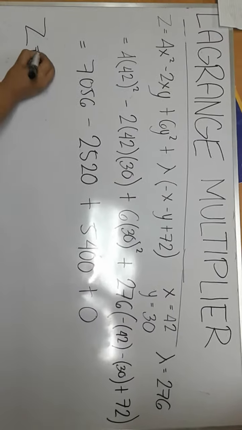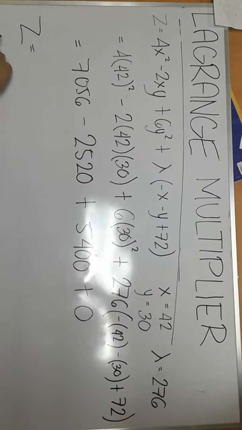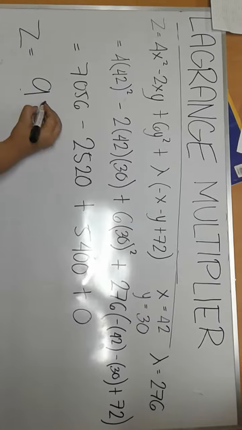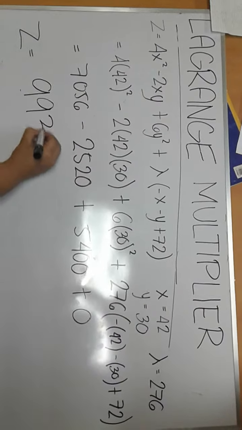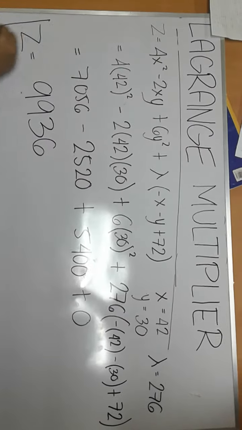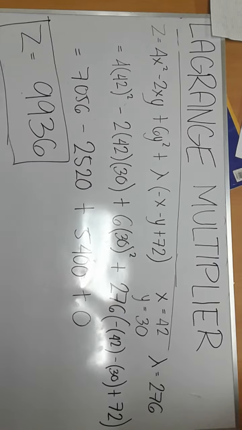Z, so add everything. Z is equal to 9,936. So this is the maximum function.